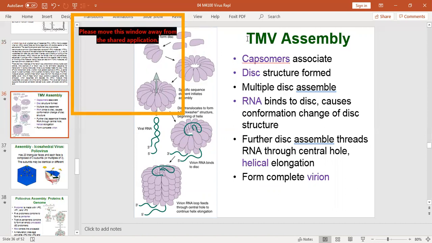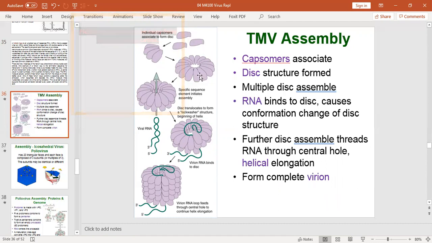Okay, the TMV assembly. Initially, identical capsomeres associate with each other. See, these are individual capsomeres. They associate with each other to form a disc structure. And a couple of these structures will assemble, will sit on top of each other.